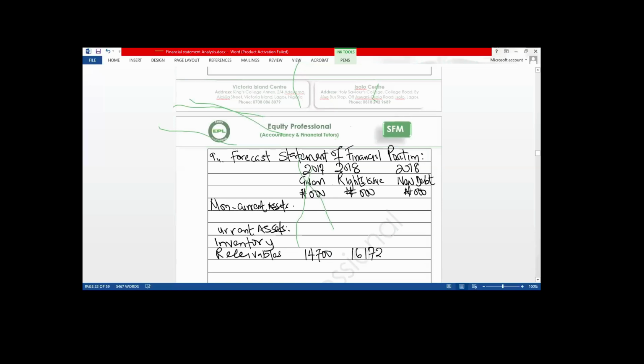Whether we finance by right issue or we finance by new debt, our receivable figure is 16,172. You have done the posting. Examiner can see that this person is posting the item. Even if you cannot finish all the questions, at least you are doing your posting.